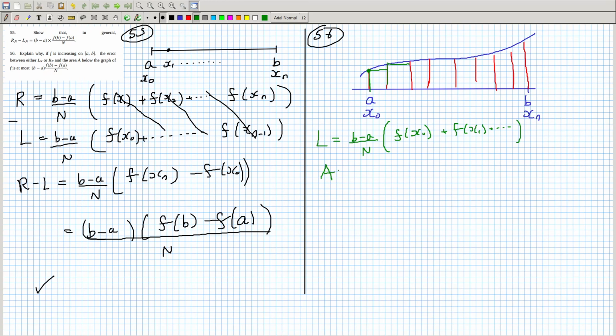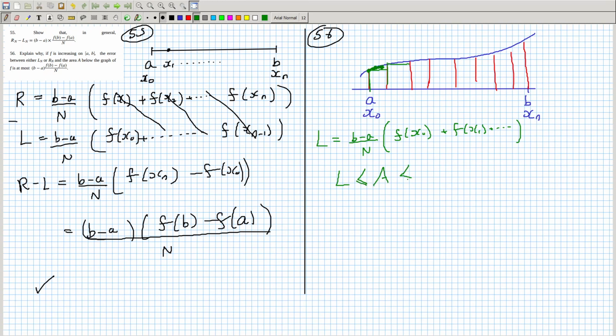And the area, because if it's increasing, it means it will have to be bigger than, well, increasing, maybe not constant, but if it was constant, I guess it could be equal.